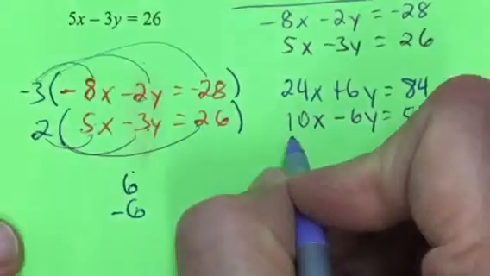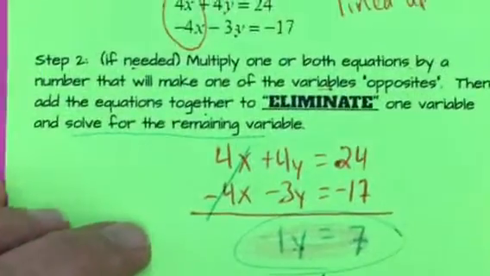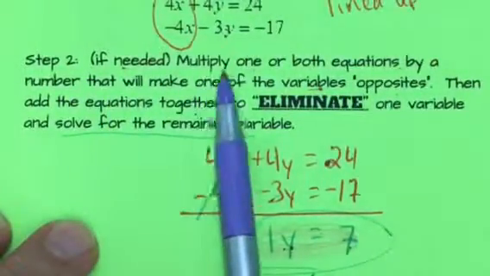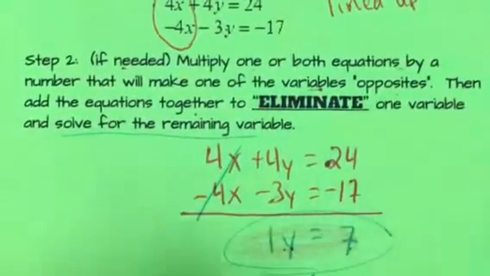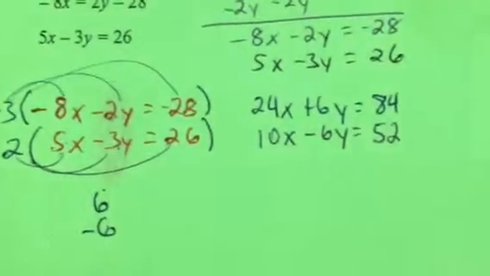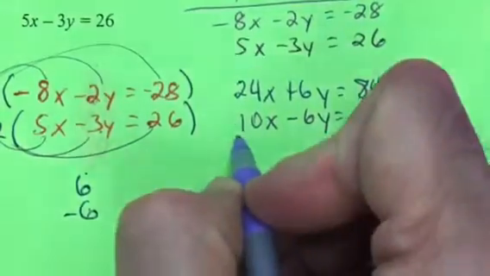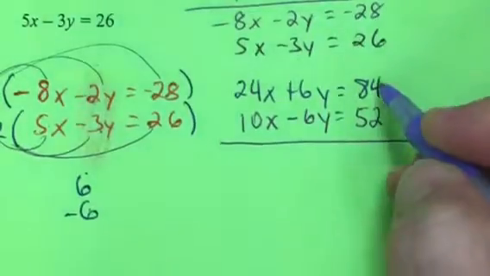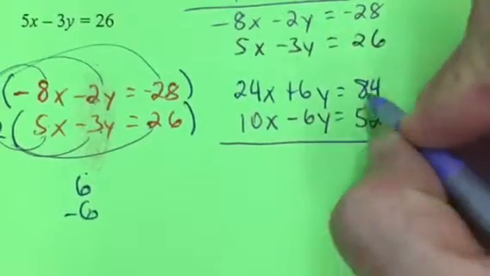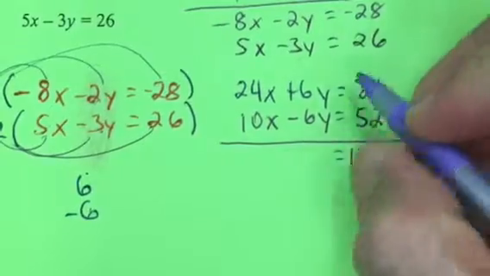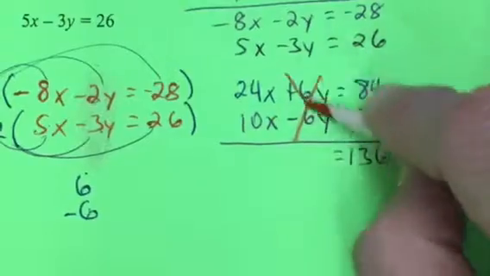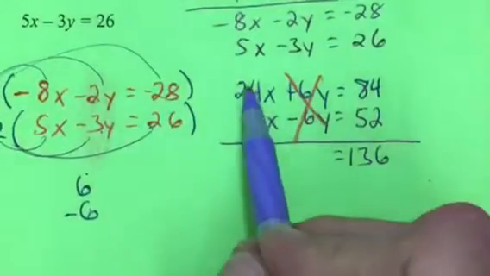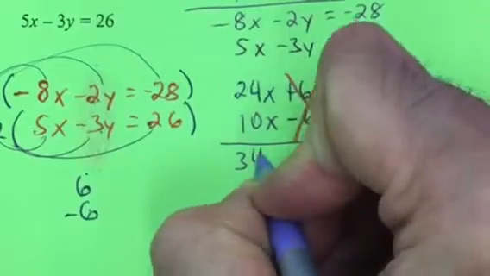It's a lot of work, but once you're done, remember the notes over here say, step 2, multiply to make one of them opposites, then add the equations together to eliminate. We're ready to add. Draw a line under it. 84 plus 52 is 136. 8 and 5 is 13. 6y and negative 6y, let's be a little bit dramatic here, they cross out. 24 and 10, 34x.